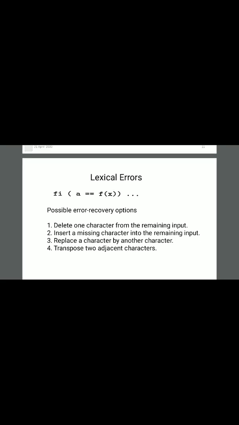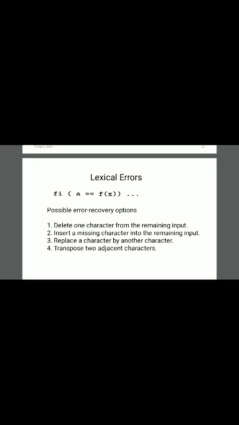That's where you have to apply some error recovery strategies. The error recovery strategies topic was given as an assignment. I hope you have studied that. If not, please go to the respective subtopic and study all the error recovery strategies.